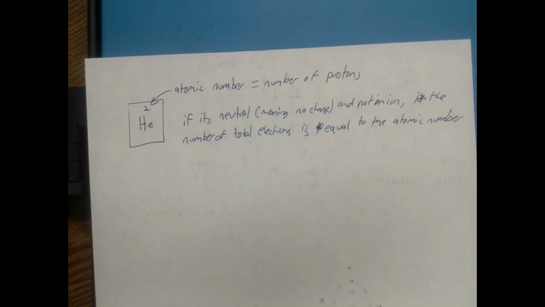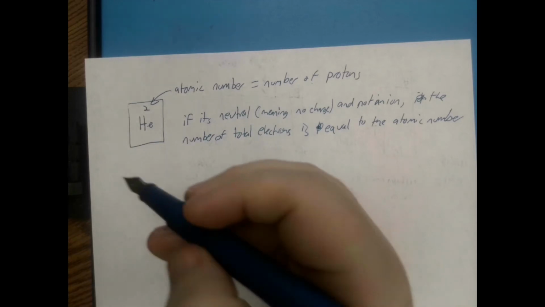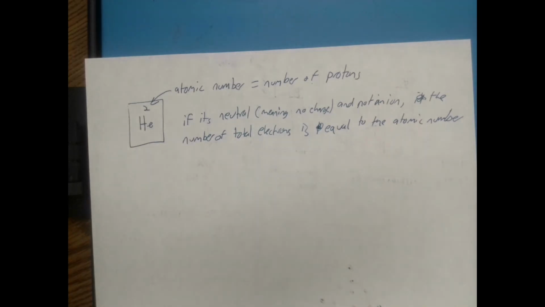So atoms in the same group have the same number of what? Valence electrons. The only exception is hydrogen, or helium. So give me some examples of alkali metals.